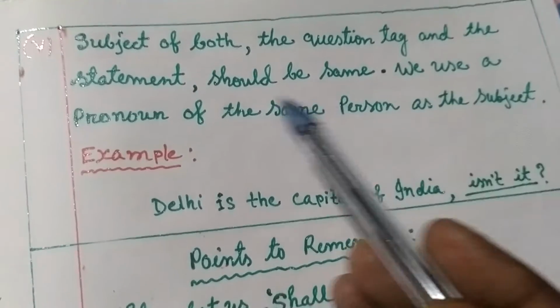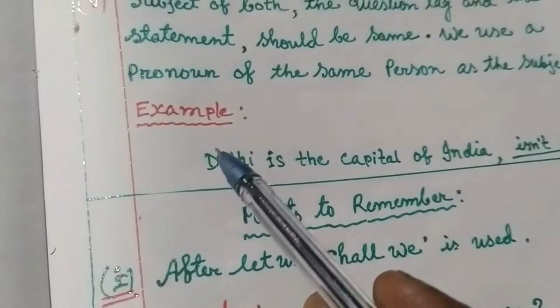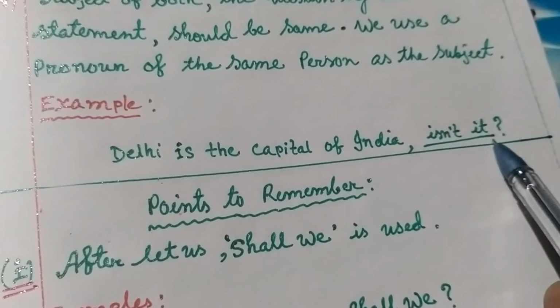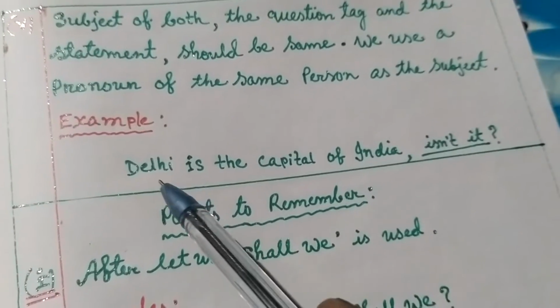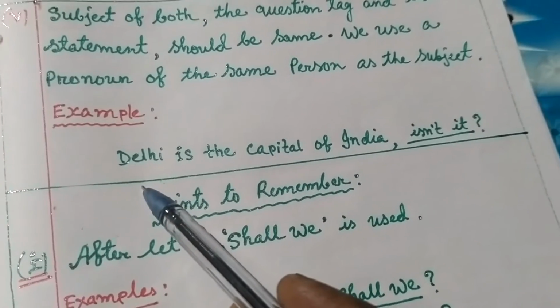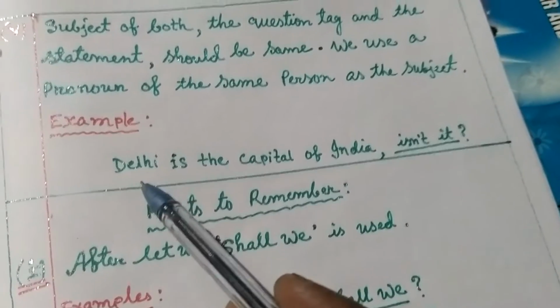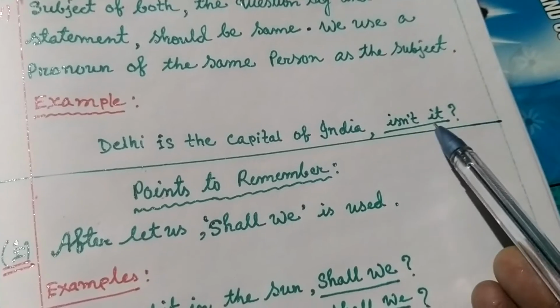We use a pronoun of the same person as the subject. Example, Delhi is the capital of India, isn't it? So in Delhi is the capital of India, the subject is Delhi, so it is used instead of Delhi.